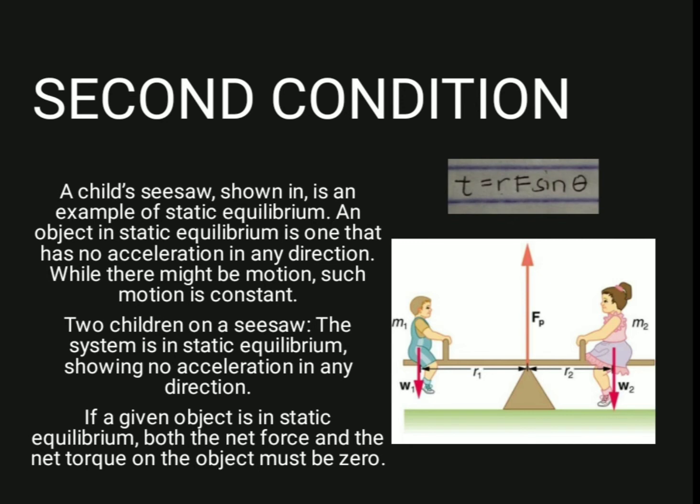With two children on a seesaw, the system is in static equilibrium, showing no acceleration in any direction. If a given object is in static equilibrium, both the net force and the net torque on the object must be zero.